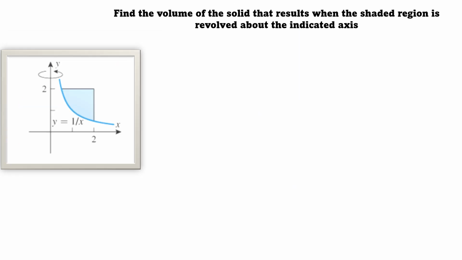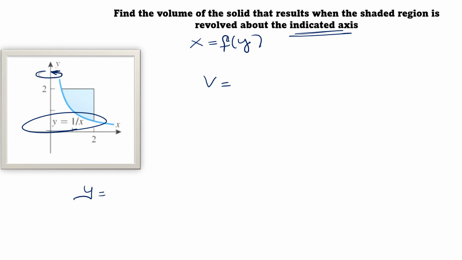Now here find the volume revolving around the indicated axis. Now where it is moving, you can see that it is revolving round the y-axis. So when we have the y-axis, the equation should be written in terms of y, right? But what they are giving, their equation is y equals 1 over x.